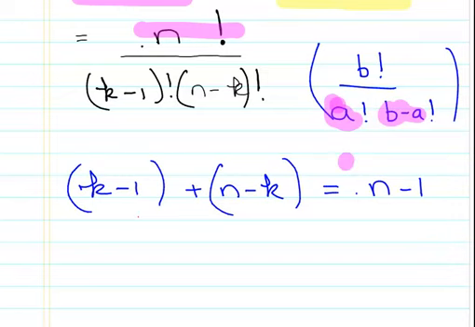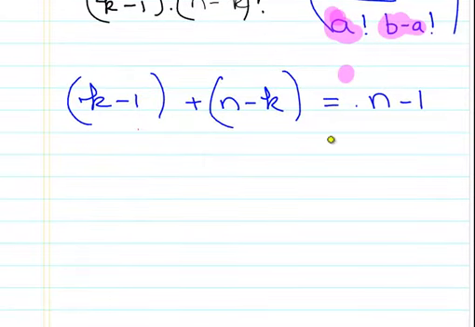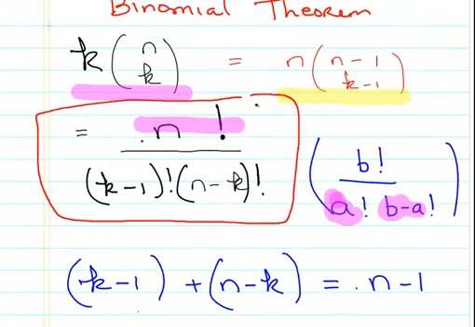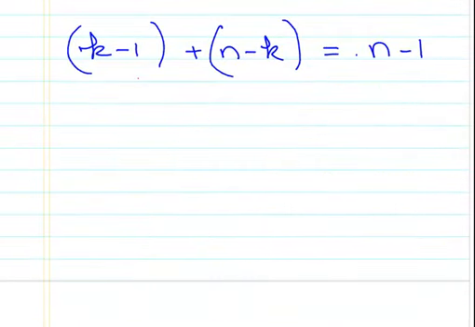What we're going to do here is rephrase the numerator. Let's go back up here. This is what we're working on. We're going to restate that as n times n minus 1 factorial.